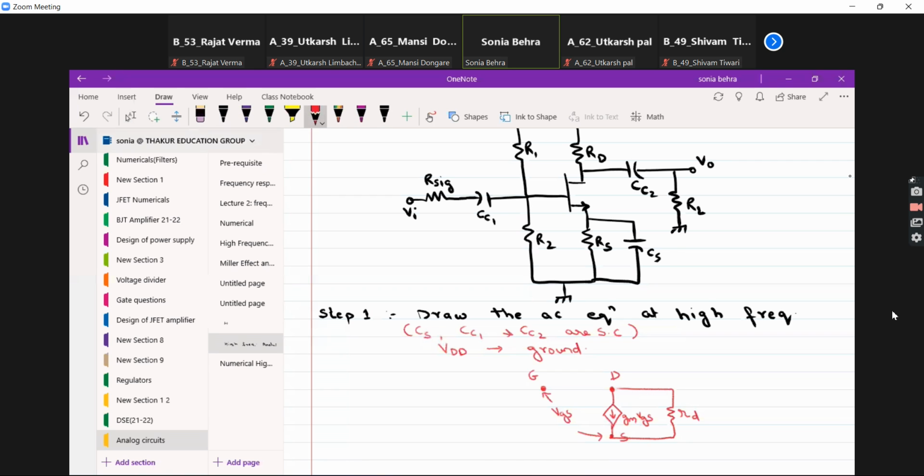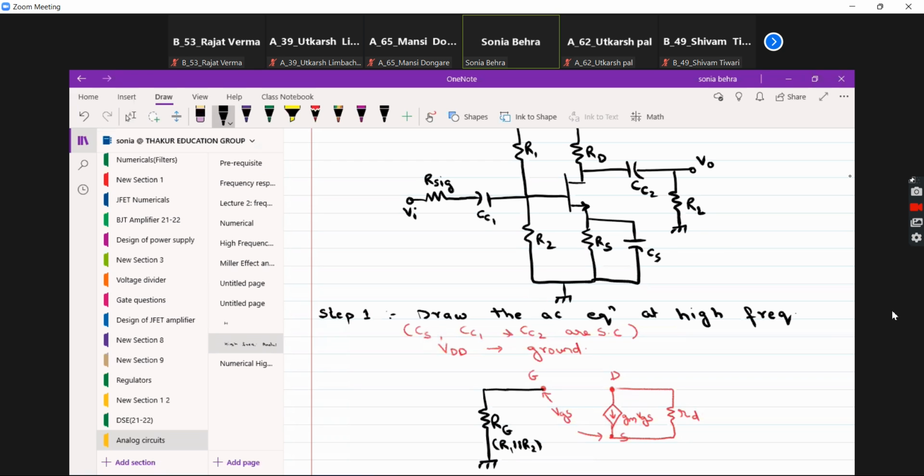Now we have to do the remaining connections. अभी मैं सिर्फ ये ऊपर वाले सर्किट को consider करके ही connections करूँगी, nothing more than that. So from your gate you will start, and we know that R1 and R2 will come in parallel. So I'm just taking R1 and R2 in parallel and giving a notation as RG. RG is nothing but R1 in parallel to R2.